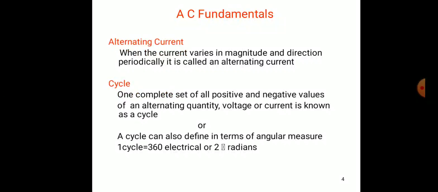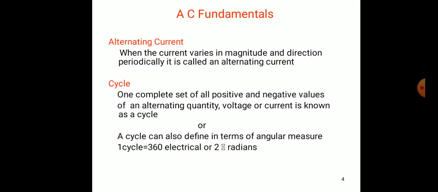From the AC fundamentals, what is alternating current? When the current varies in magnitude and direction periodically, it is called an alternating current. If it changes periodically, that is called alternating current.